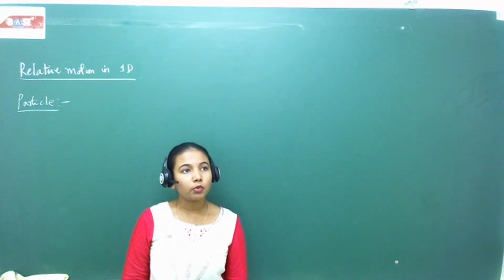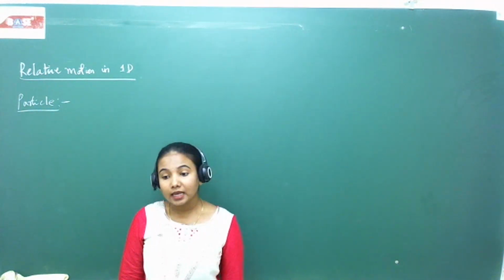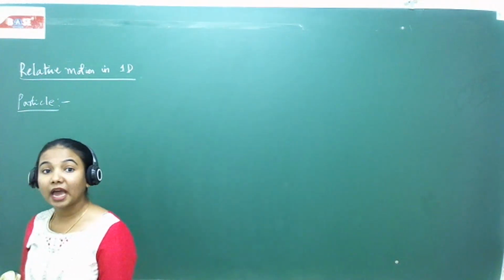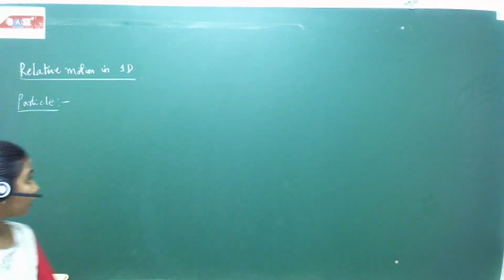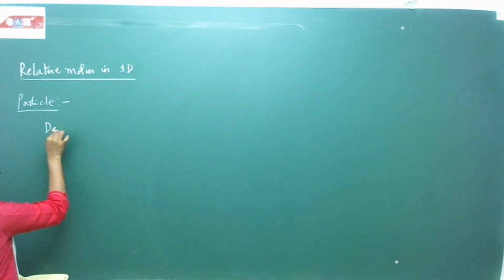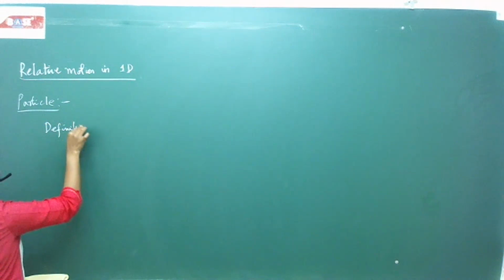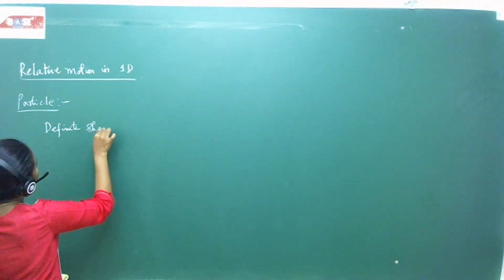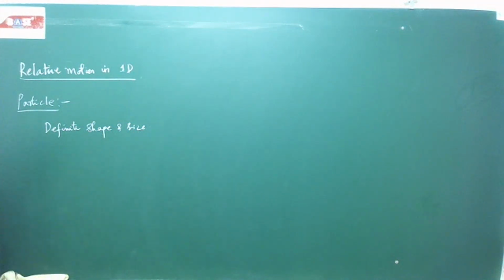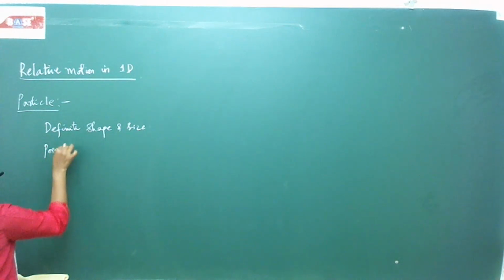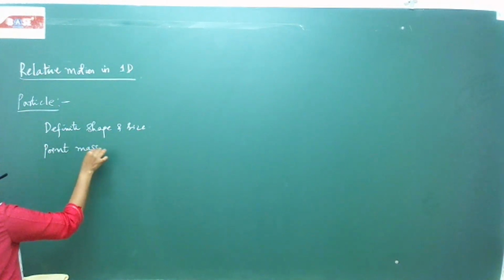But in physics, we usually take a particle as an object which has a definite shape and size. Another thing is that a particle is a point mass.